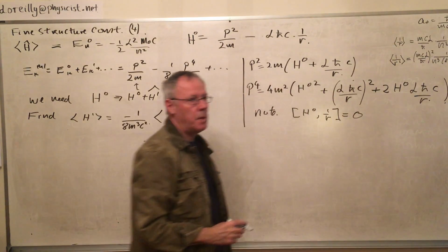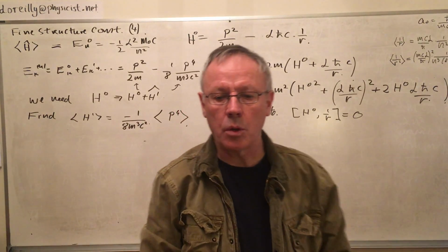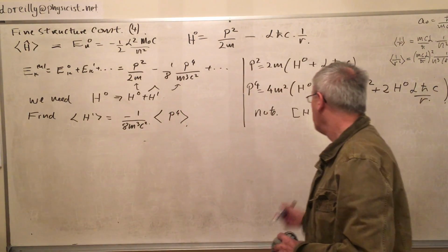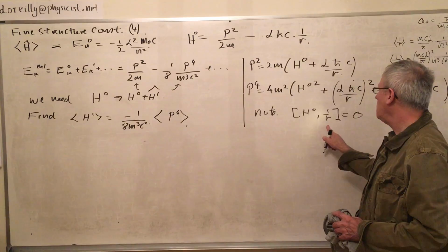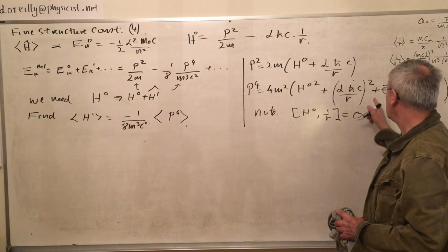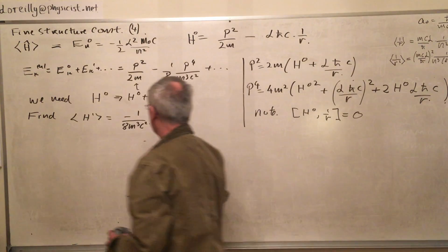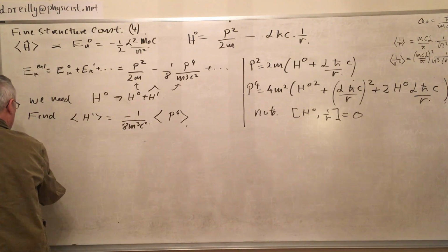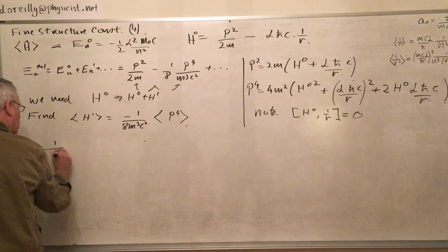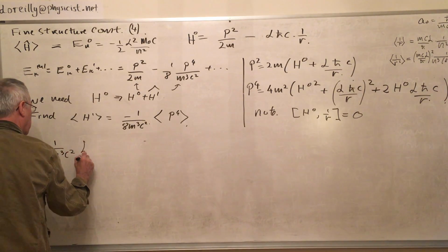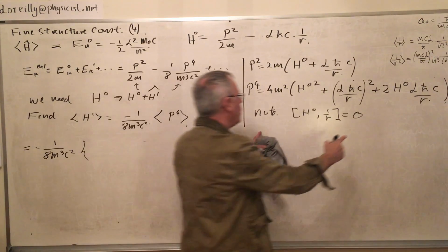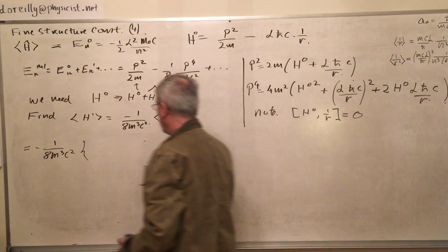Now, a point that you guys might not notice, but as a technical point that's required for the following derivation, is that the Hamiltonian commutes with the 1 over r. So here's what we got for the p to the 4th. So therefore then, this object here, the expectation value is all of this thing here.